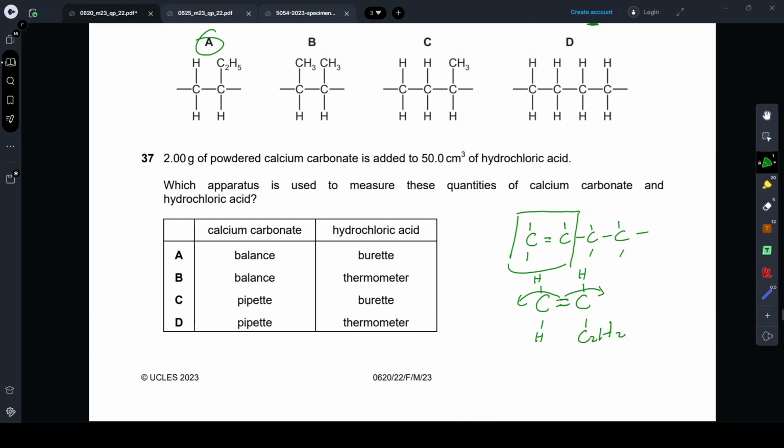It would be A. Yes, Sobia? A. Yes. Calcium carbonate is a solid, so you're going to use a balance. The other options are a burette or a thermometer. Thermometers are not used to measure volume, burettes are, and so you get A.